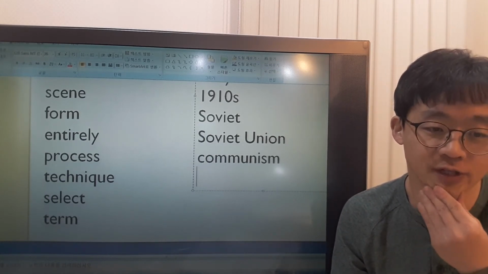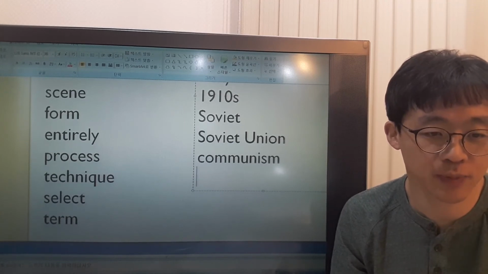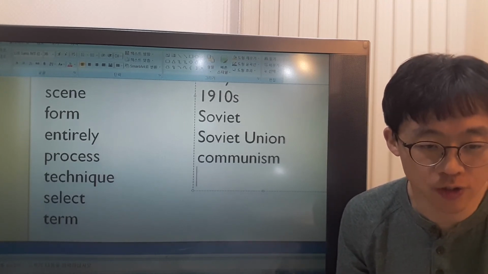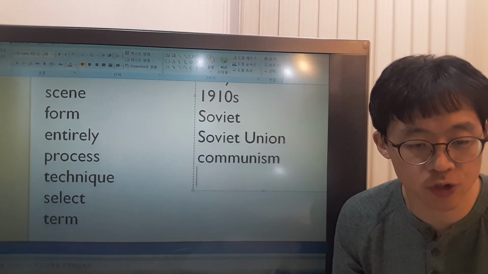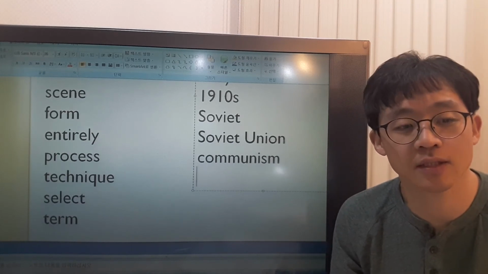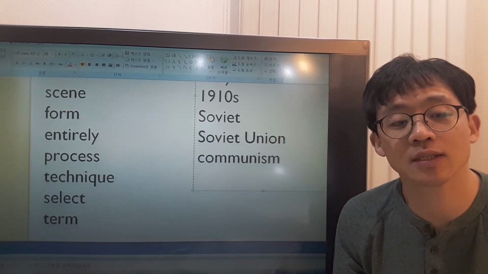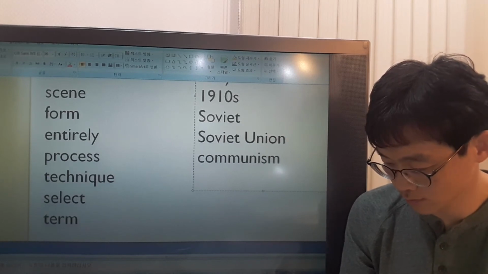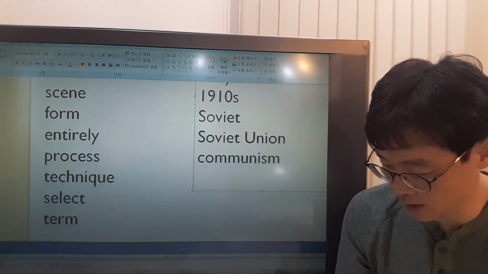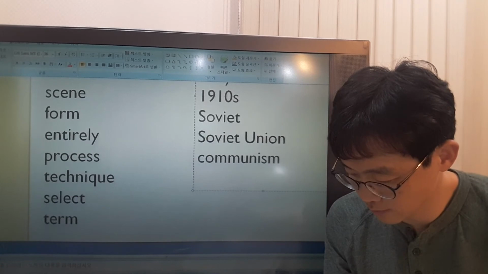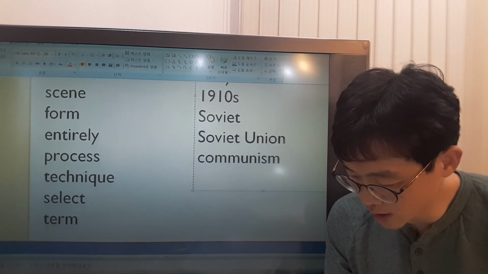Not the owner of the factory or the machine, but the workers should control it, okay? That is communism, you understand? So you don't have private property in communism. That's theoretically, okay?